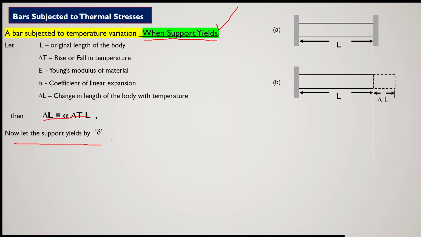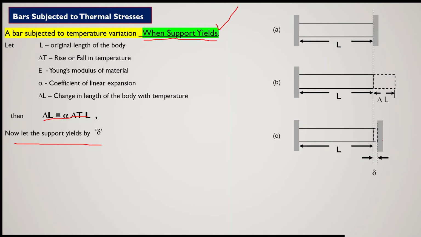Delta may be in millimeter or it may be in centimeter. Now let us understand the meaning of yielding. See here in figure number C, L was the original length, and initially the right hand support was there, and that support has yielded by some amount delta.